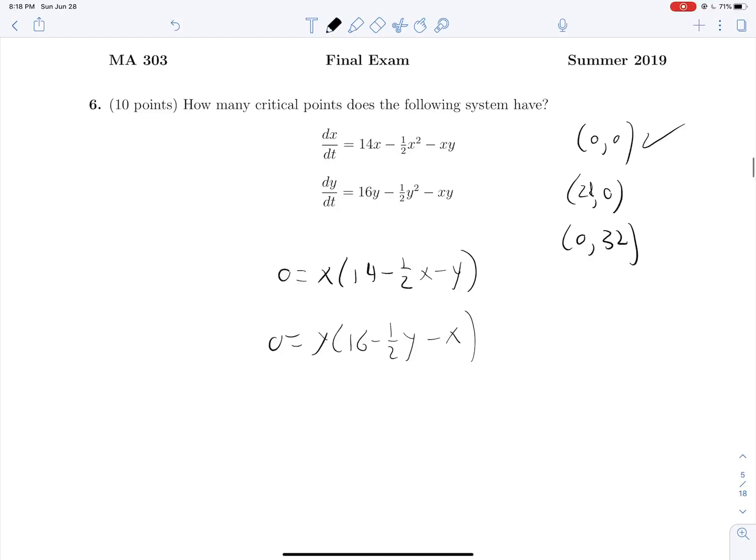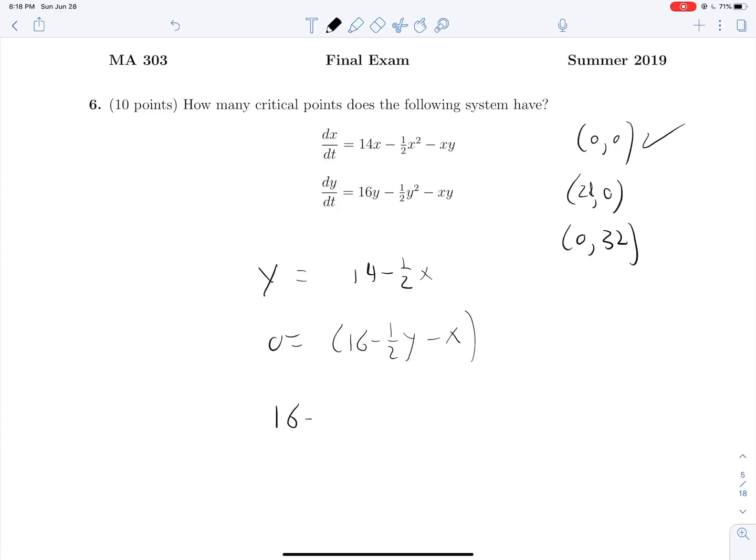And then finally, what if x and y are both not equal to 0? Well, then we can divide both sides by x and divide both sides by y, and we'll just get 0 equals all of this stuff. Let's move a y over here. So y is equal to 14 minus 1/2 x, and we can replace that in here.